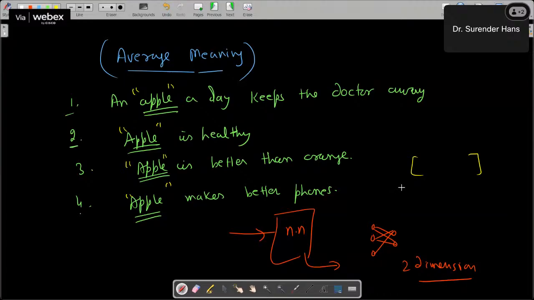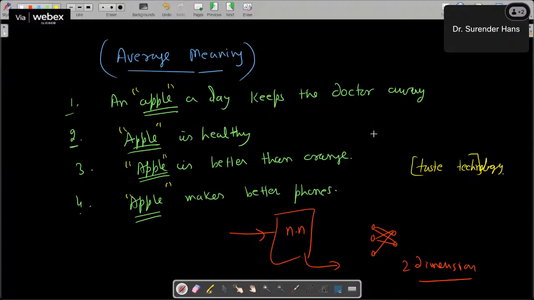The first dimension will represent the taste, and the second the technology. We are just rating each word according to two things: how is its taste, and how much technology component is there in the sentence. So taste and technology.